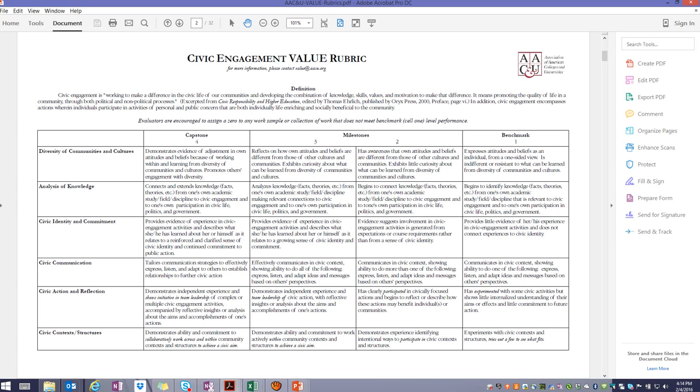But you have to tie that back to one of the competencies. That's fine. If you want to use another VALUE rubric, that is absolutely fine. But we just mapped them out for you.